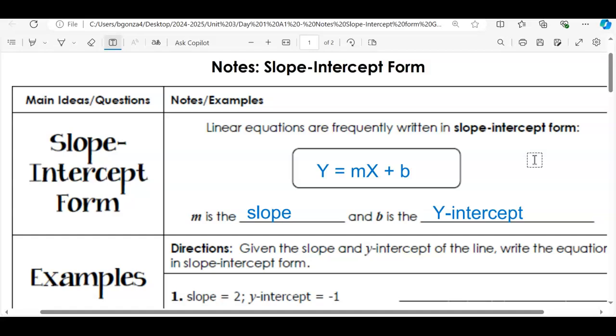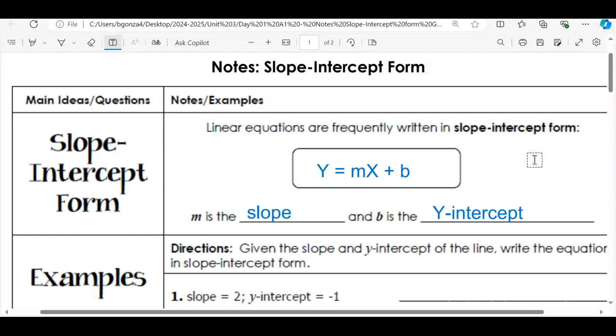All right, now here's the deal. The reason why this can be confusing is m and slope, well, slope doesn't start with an m. So it's kind of weird, right? And then b, well, y-intercept doesn't start with a b, right? So it's not like an acronym taking the first letter, okay?